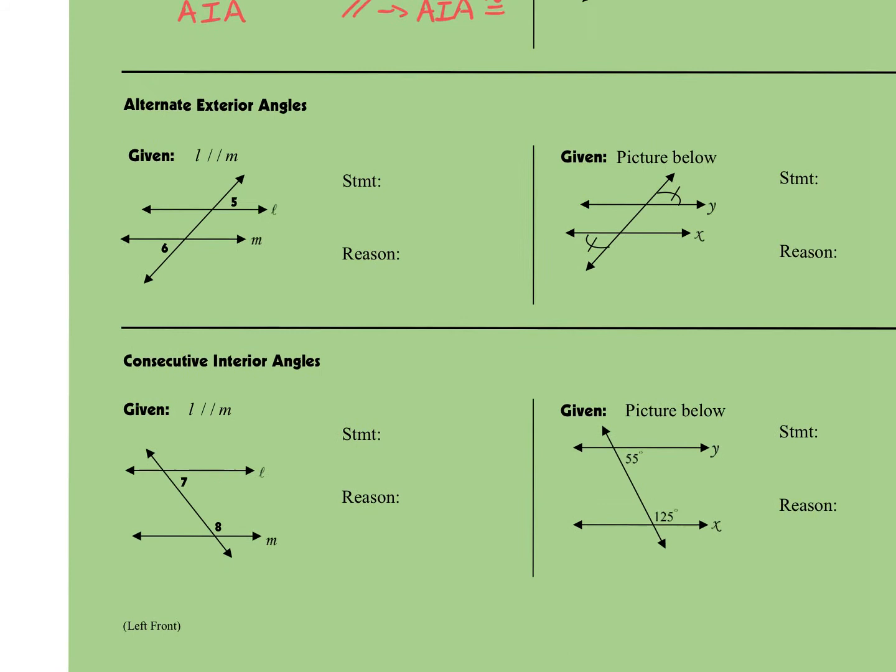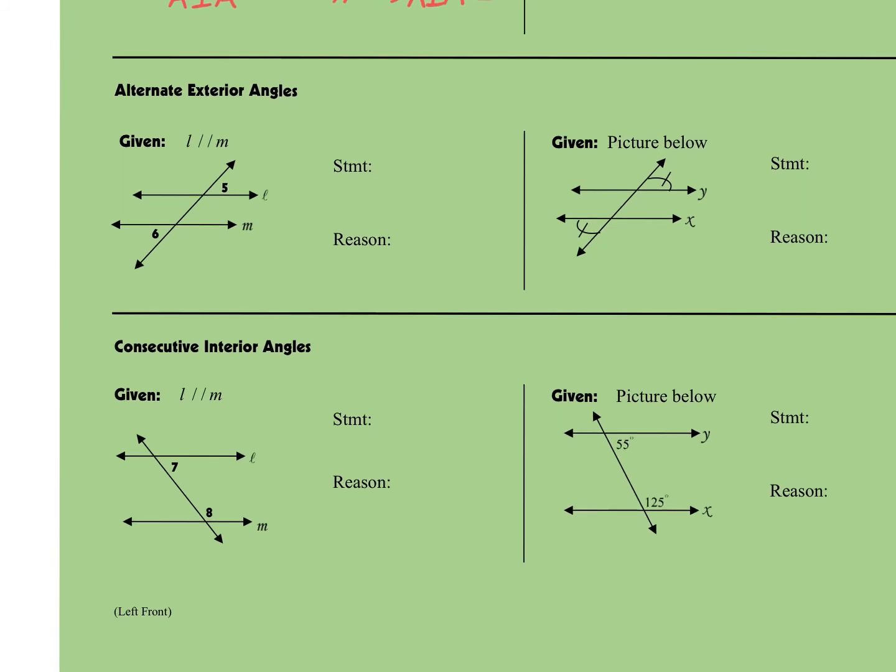Okay, the next one we're going to look at is alternate exterior angles. So let's take a look at our picture. Again, we're given that lines are parallel, so we always want to get in the habit of marking that these are parallel, because remember, if the lines are not parallel, there will be no relationship between the angles. Okay, so we've got our lines parallel.